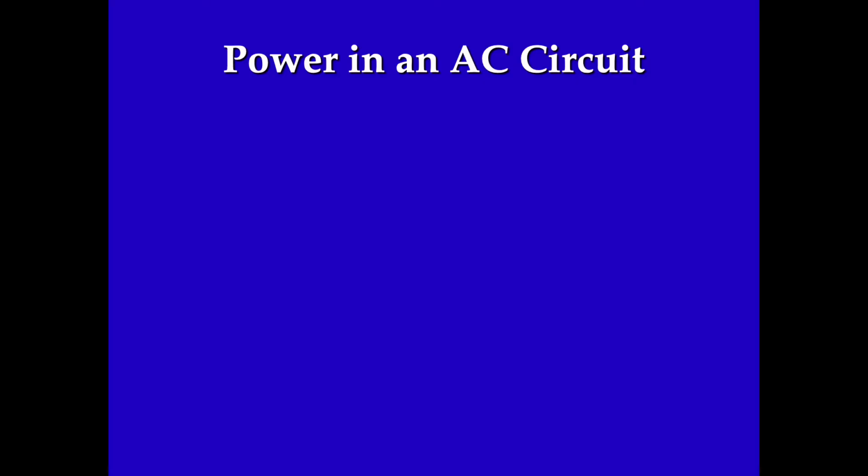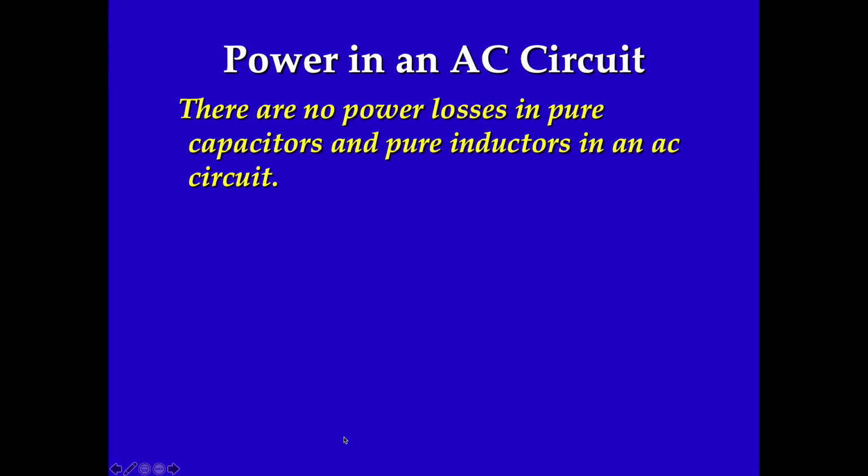So let's talk about power in the AC circuit then. If we have a pure inductor and a pure capacitor, they don't lose any energy. Okay, we're talking about an ideal inductor and ideal capacitor.